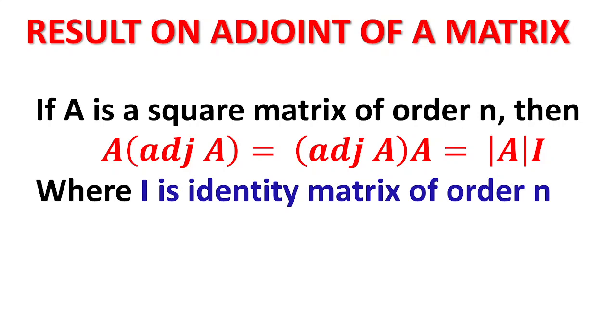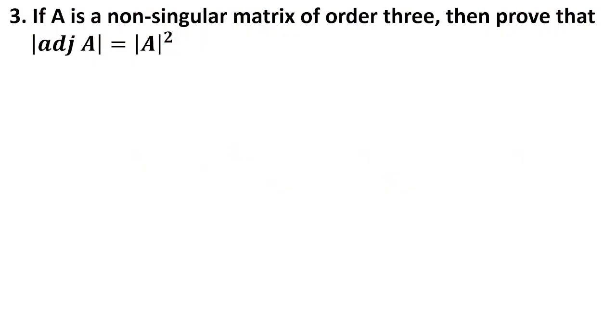Product of matrices is normally not commutative, but only for A into adjoint A and adjoint A into A it is commutative. All of you know the meaning of that I? It is an identity matrix. If A is a square matrix of order 2, then I will also be of order 2. If A is of order 3, I will also be of order 3. It's a matrix of order n.